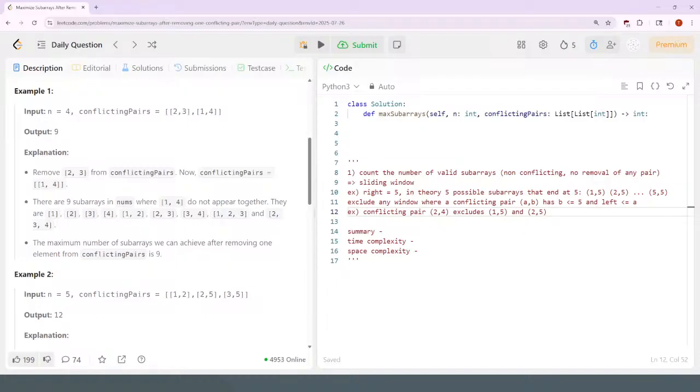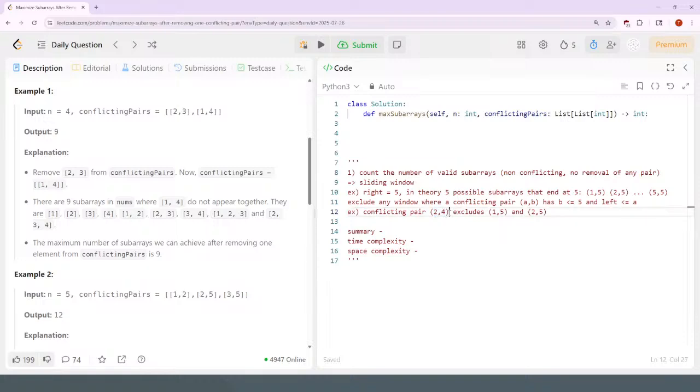Okay, so I think that's it. And if there were more conflicting pairs, let's say there was a 2-4 pair and there was like a 1-3 pair, the 1-3 pair you can ignore because that restriction is strictly less prohibitive than the 2-4 pair. So I think you just need to worry about the earliest.